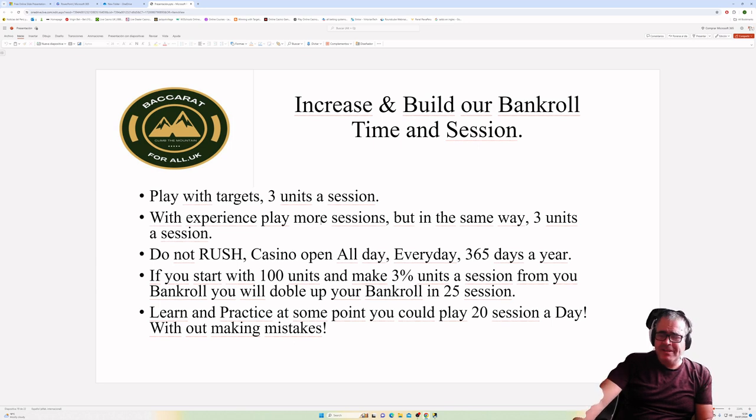So basically what I'm telling you is that it doesn't look like much, but in 10 days you double up your bankroll. When you have 100, you make 10 units, you will have 200 next time. So every 10 days you double up.